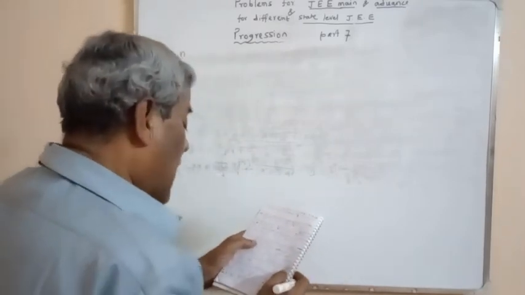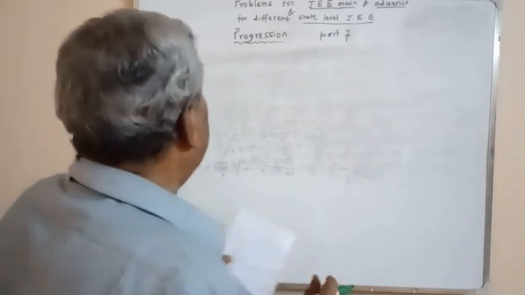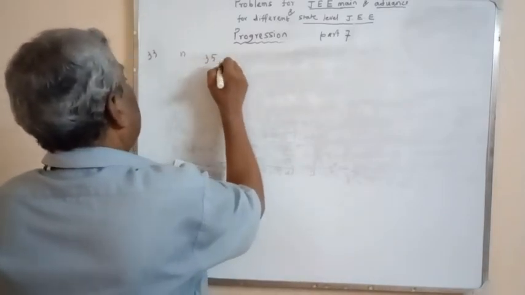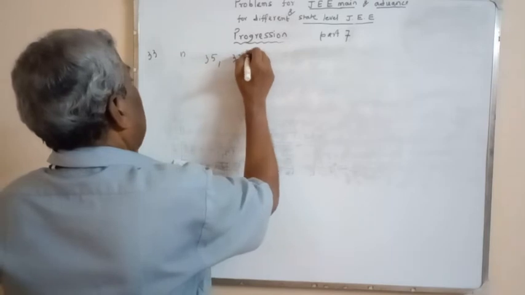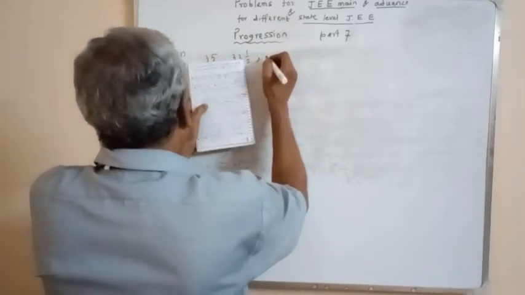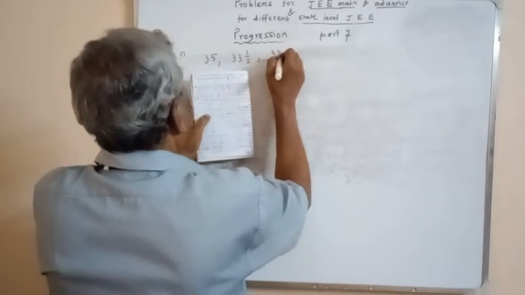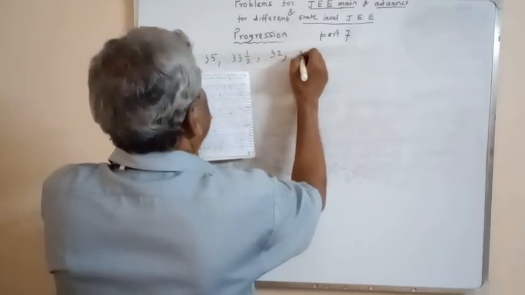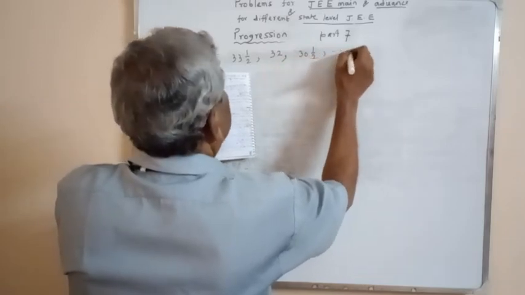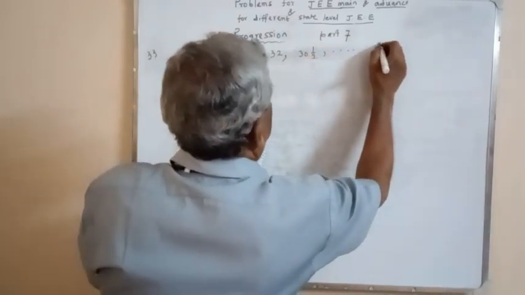so that sum of first n terms of the series 35, 33 and 1 by 2, 32, 30 and half is maximum.